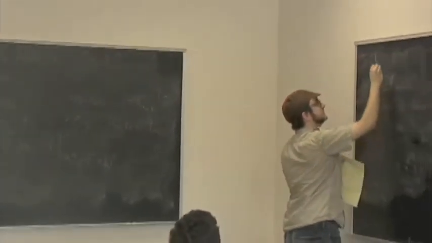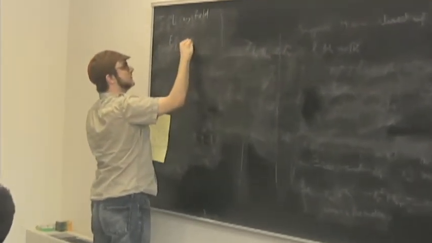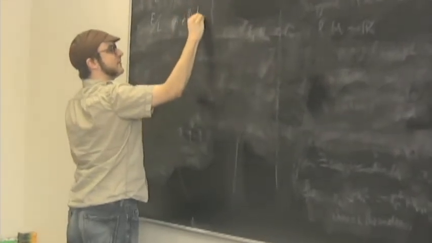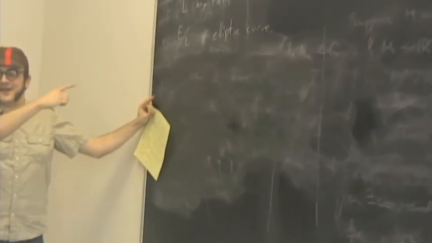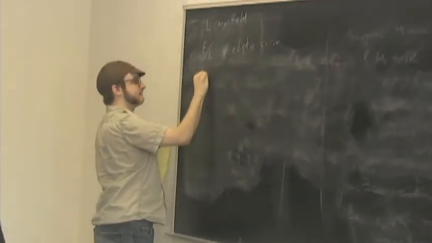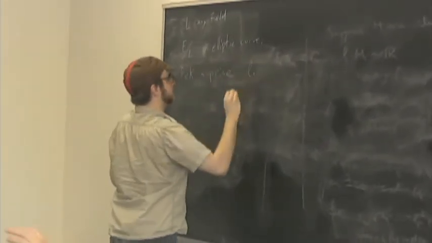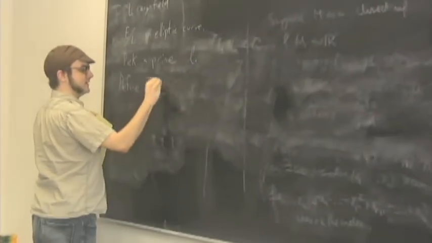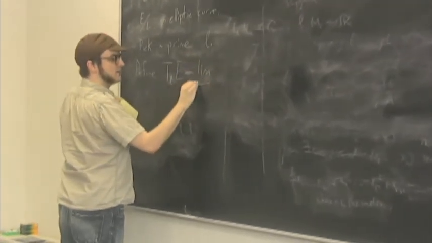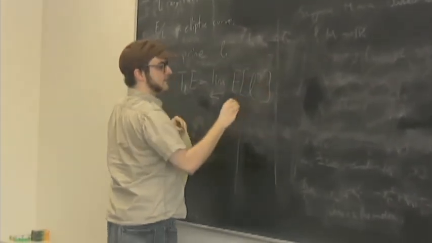So now let's just let L be any field, and E over L an elliptic curve, and I pick some prime number. I've called it little l, that has no relation to big L. Then I define the Tate module T_l E to be the inverse limit of E[l^n].